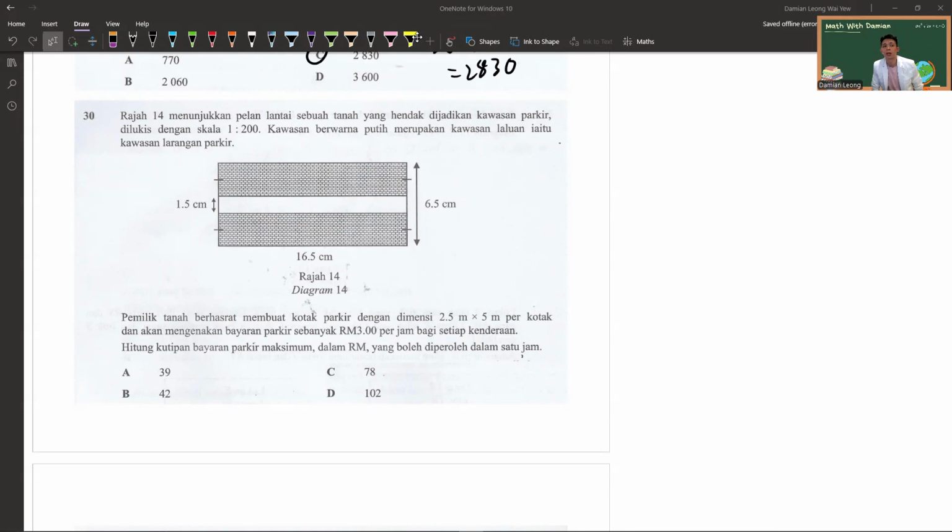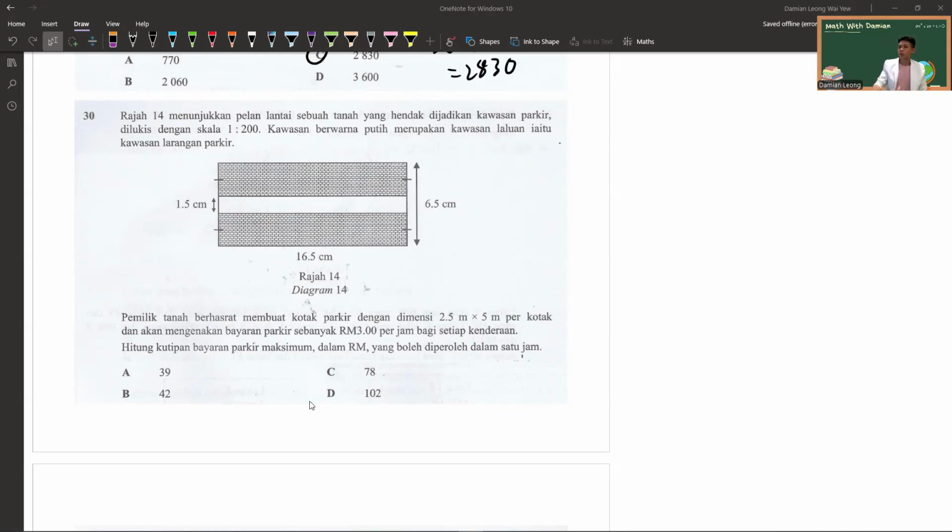Okay, that is area that is prohibited from parking. So the landowner wants to build parking boxes with dimension 2.5 meters by 5 meters per box and charge a parking fee of 3 ringgit per hour for every car. Okay, find the maximum parking payment that they can get in 1 hour. So basically, we want to figure out how many parking boxes, okay, we can fit.